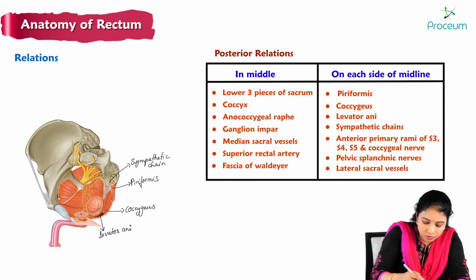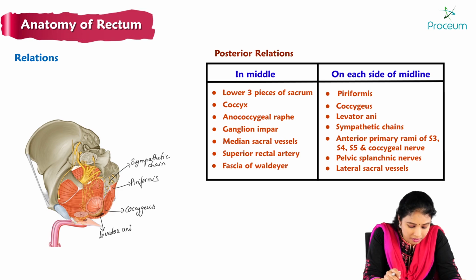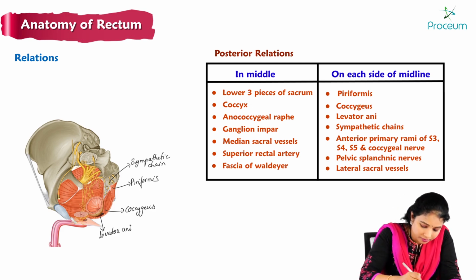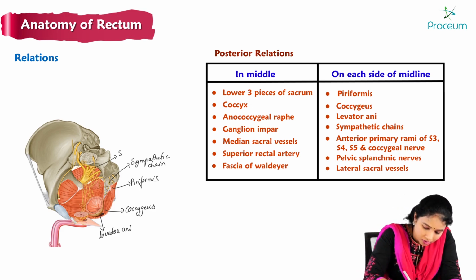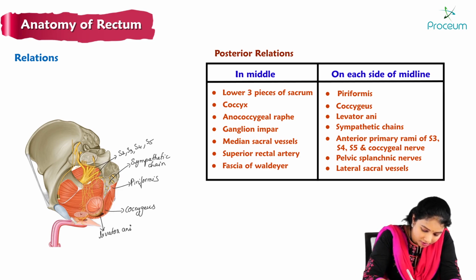You can see the two sympathetic chains present posteriorly on each side of the sacrum, on the central part of the sacrum. It is also related to the anterior primary rami of S2, S3, S4, S5 and lastly the coccygeal nerve.